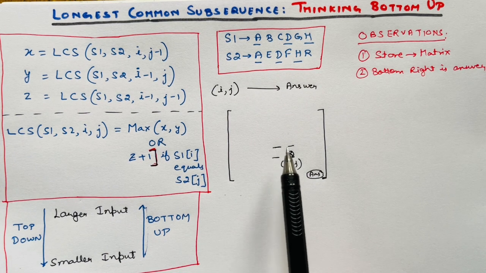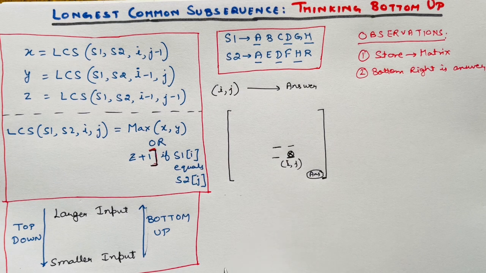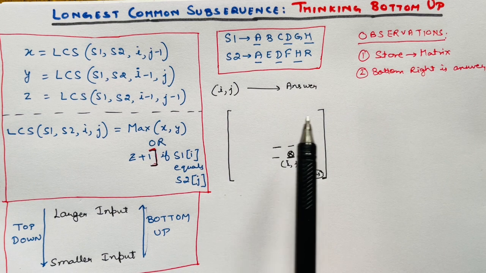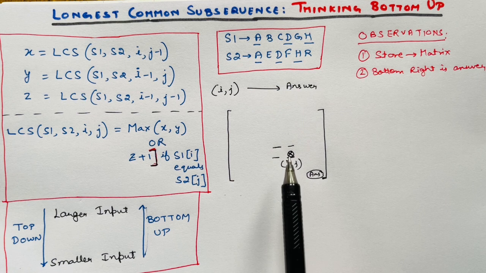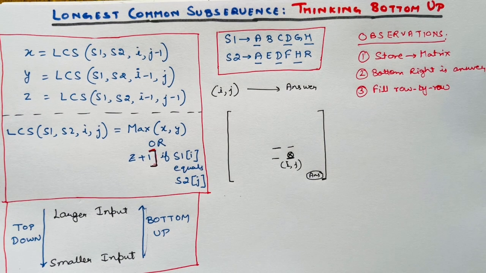So if we have these three values, we can always fill this value. So how should we fill the matrix? We can fill the matrix row wise, row by row. That means when we reach this position, we will have all these three values to fill the value at this position. Now let's see how we will start filling the matrix.